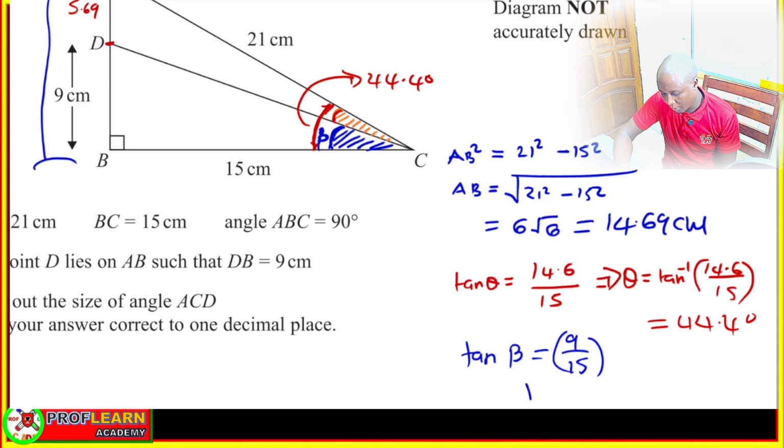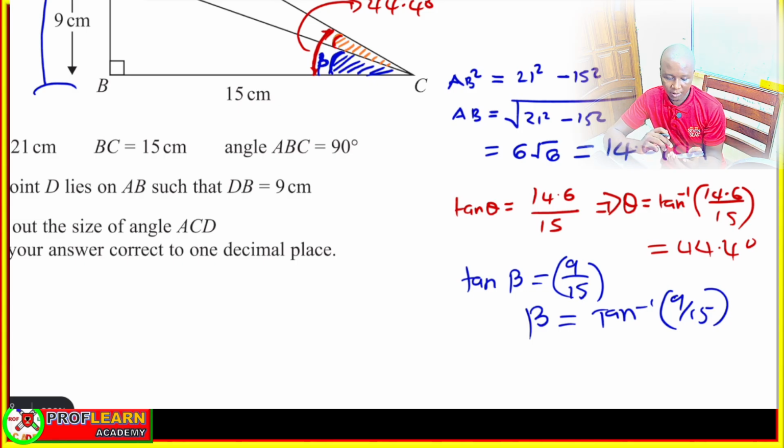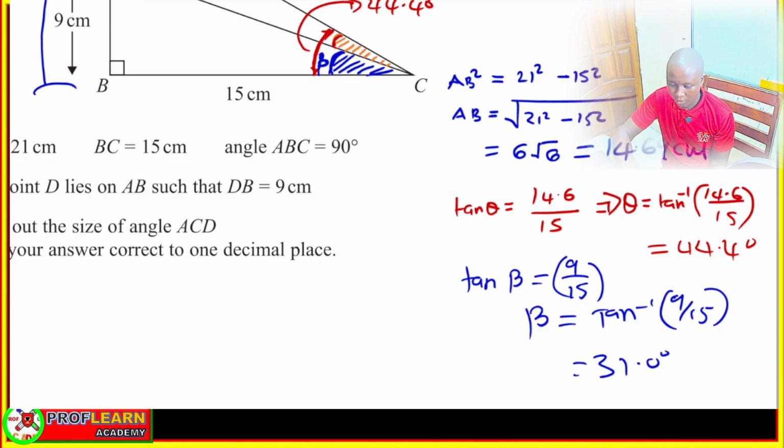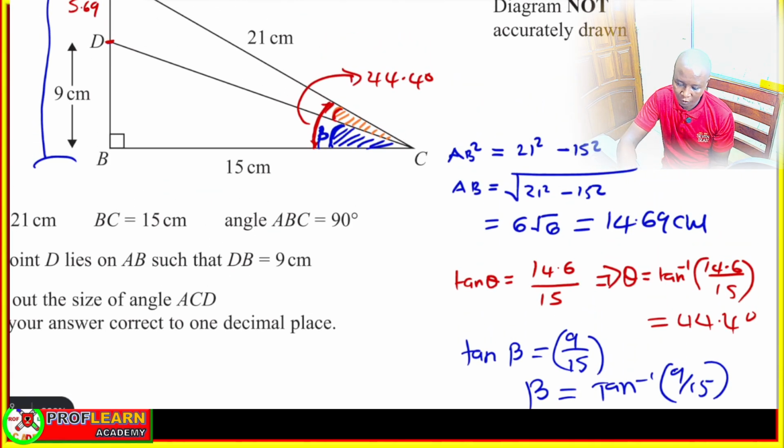If I want to find angle beta, it will be tan inverse of 9 over 15, and that translates to 31.0 degrees.